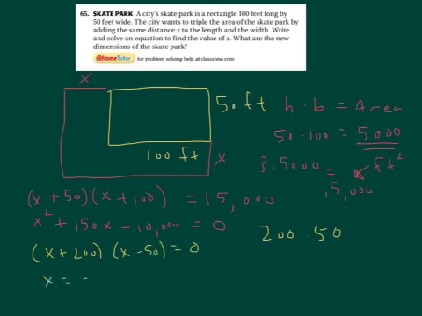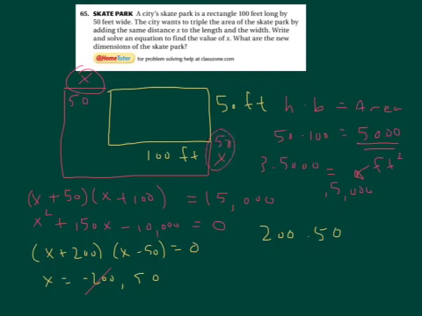We're going to get x equals negative 200, positive 50. Again, striking out the negative number because x is an actual length, so x can't be a negative number. So we're going to have 50 and 50 over here.